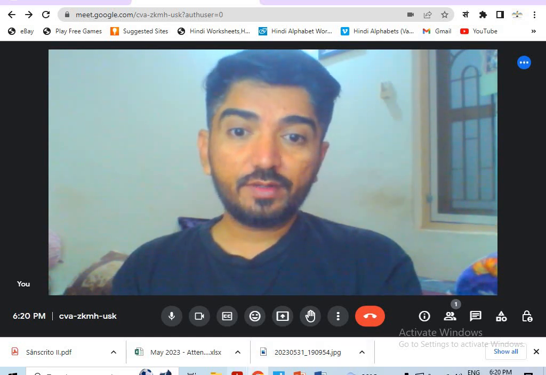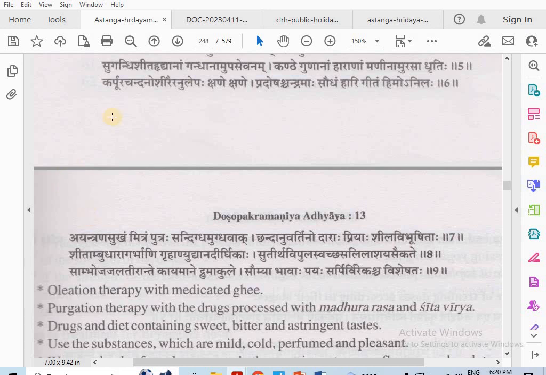Then they said Karpura Chandana Ushirehi Anulepa. Student, first what is Karpura? That is camphor. Chandana, that is sandal. And Ushira, that is a special grass having a fragrance. So Anulepaha means applying on the body.